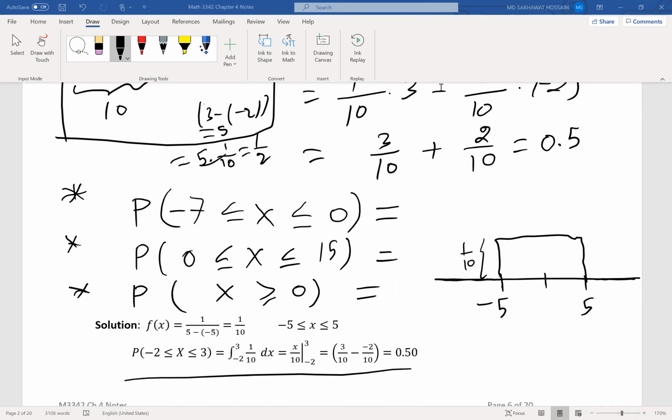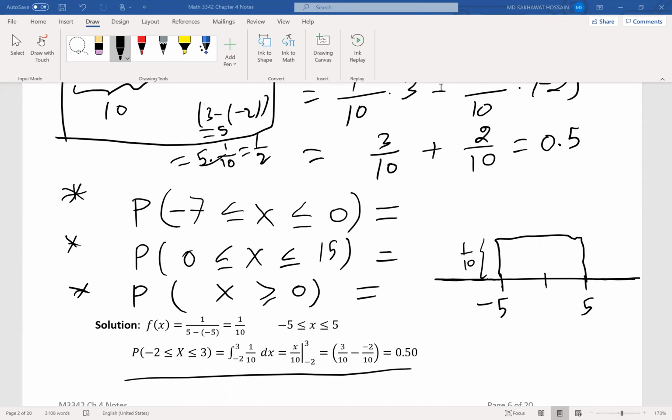Yes, it will work if a is negative 7, if the function is defined from negative 7. Yeah, you're right. But a was negative 5, so the function was defined for negative 5 to 5, not from negative 7 to 7.